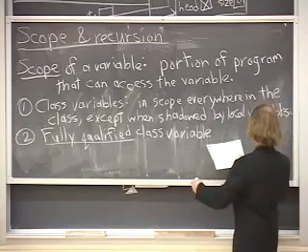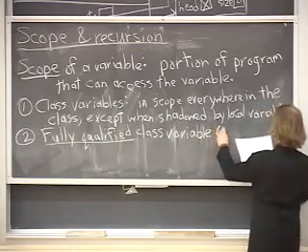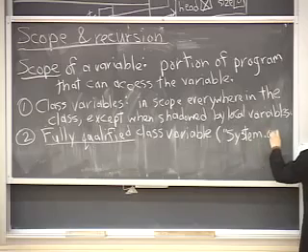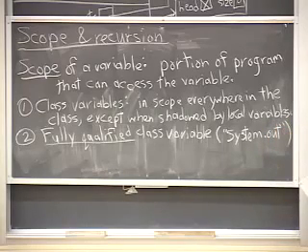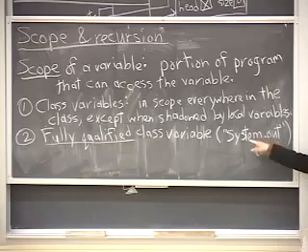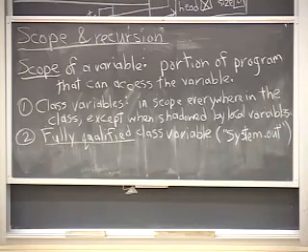So for instance, when you write System.out, that disambiguates it from all of the other possible outs that you might be referring to. So you might have a million variables called out, but this tells us that we want this particular class variable in the System class.